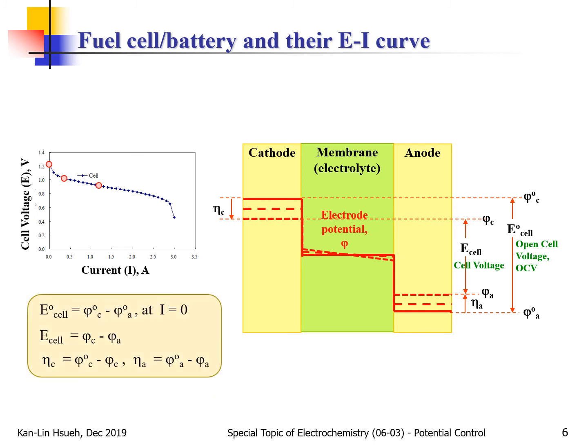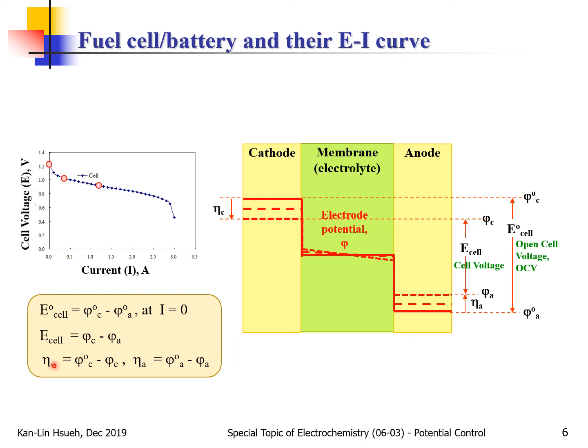So the open circuit voltage is the difference between the cathode potential and anode potential at equilibrium, at the I equal to 0 condition. And the cell voltage is the cathode potential minus the anode potential at current not equal to 0.